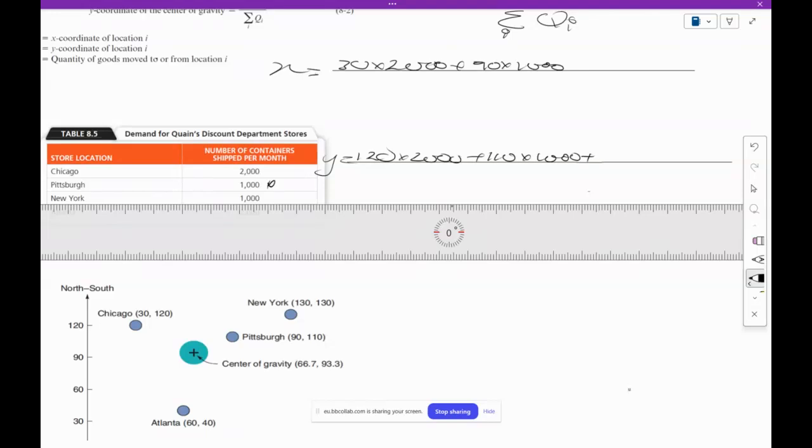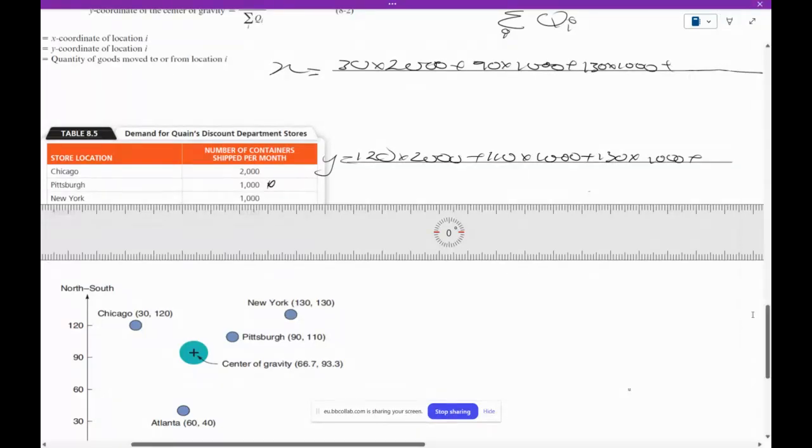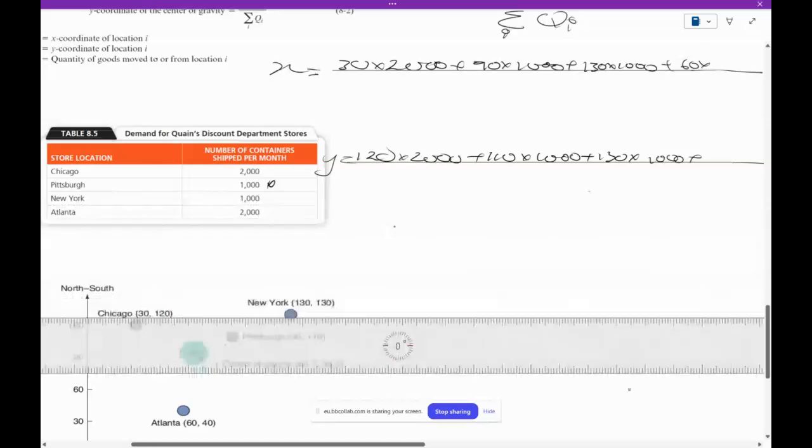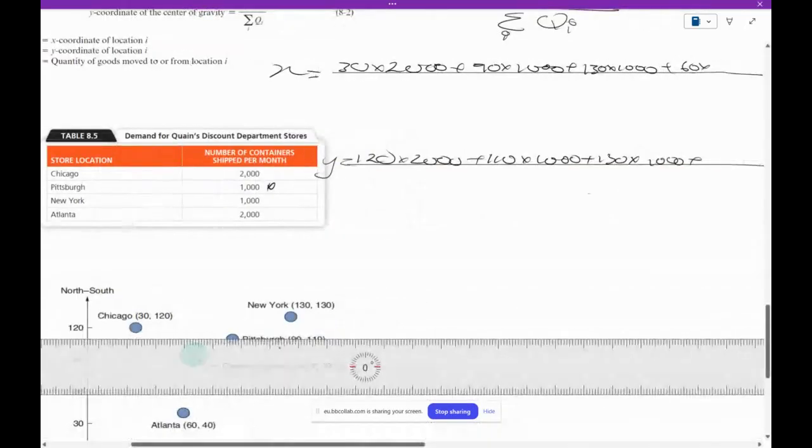multiplied by 1000 plus New York we have 130 multiplied by 1000 plus Atlanta, which is 60 and 40, 60 multiplied by, I think this one is 2000, 40 multiplied by 2000 again.